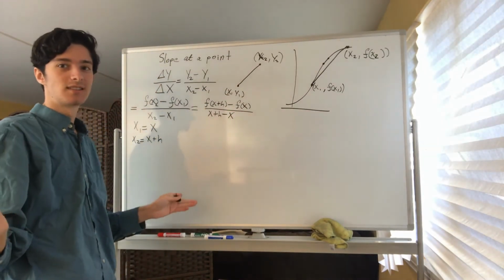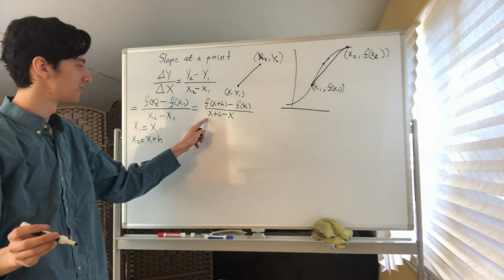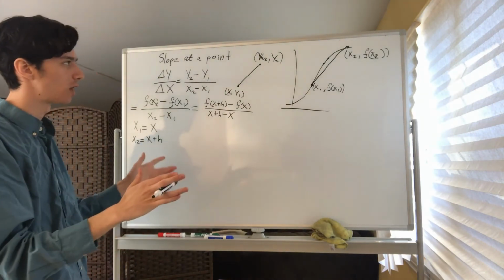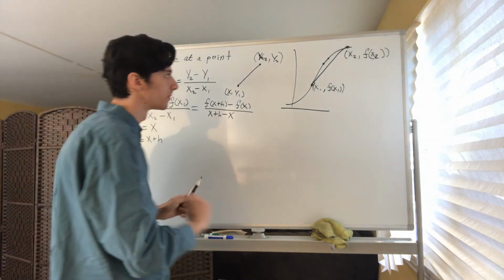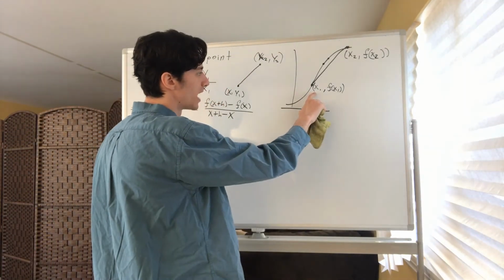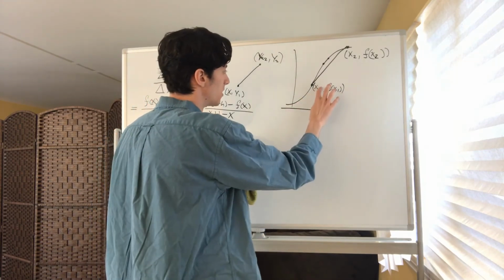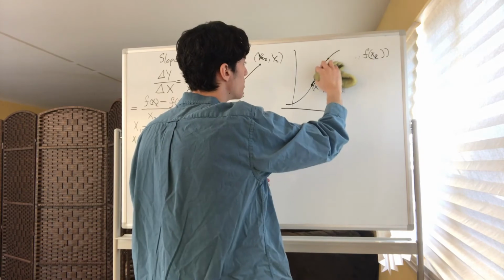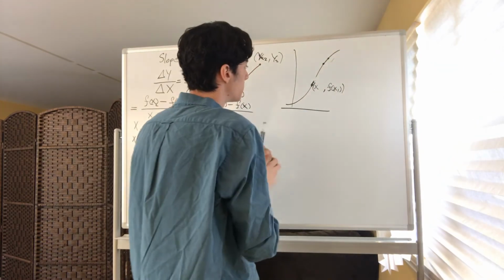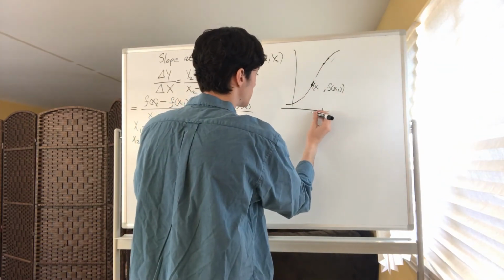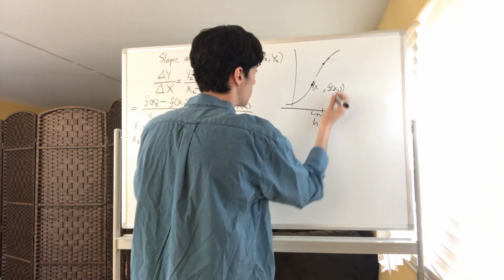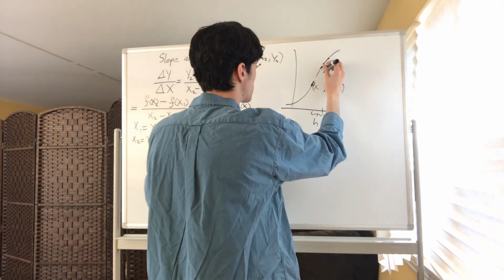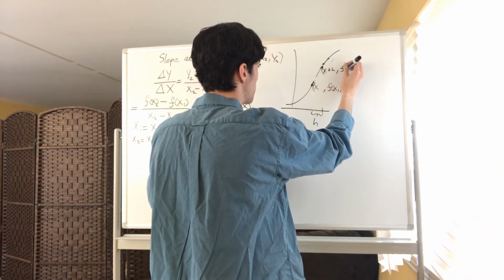And you might notice that conveniently, this x and this x cancel out. And so we could draw what this looks like on the graph. We have our x1, which is now just an x, and our x2 used to be all the way over there, but now it's just a small distance h away. So this is x plus h, f of x plus h.